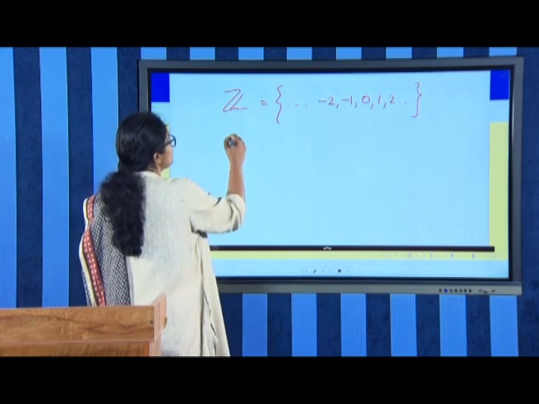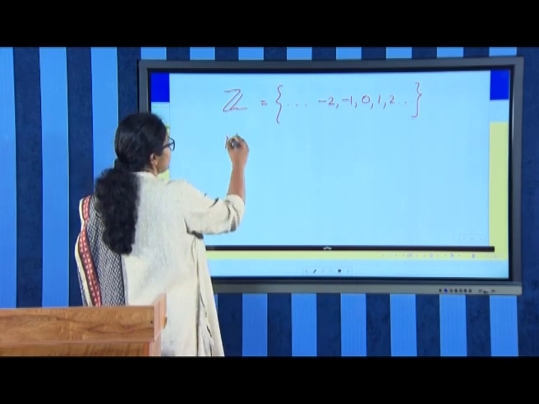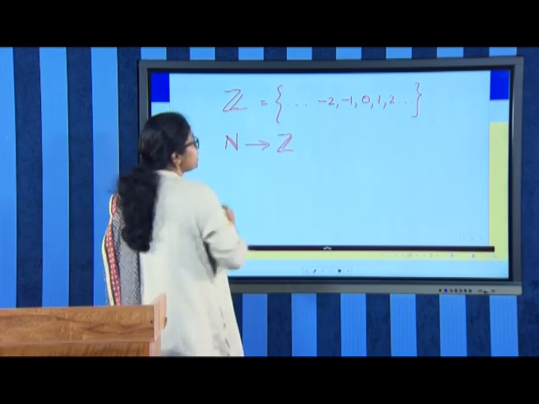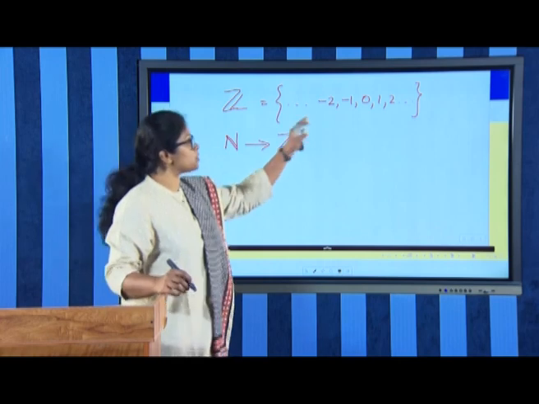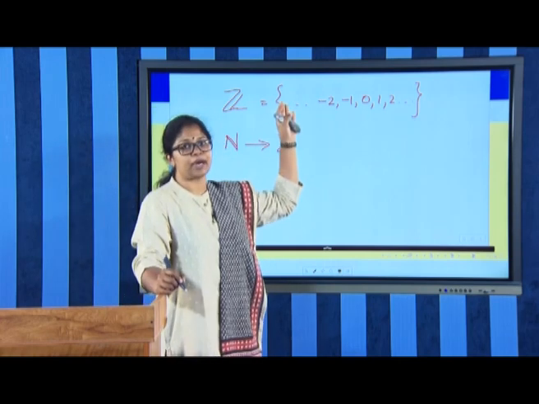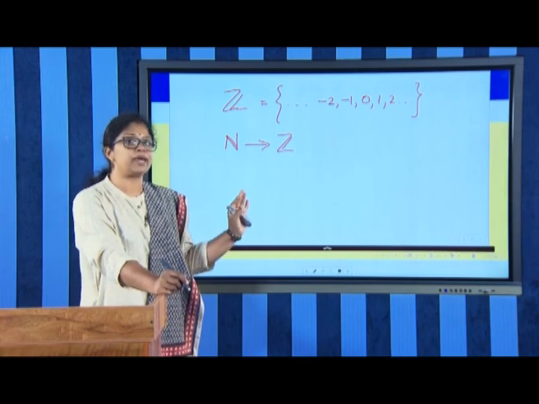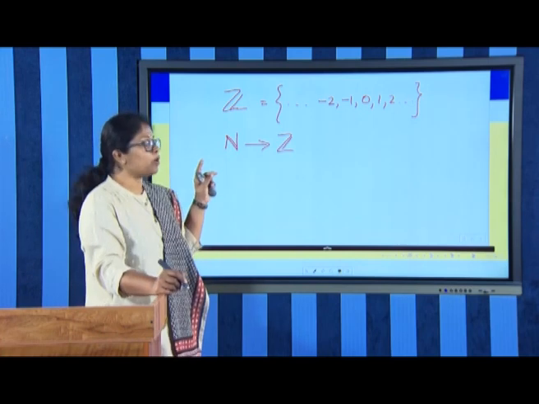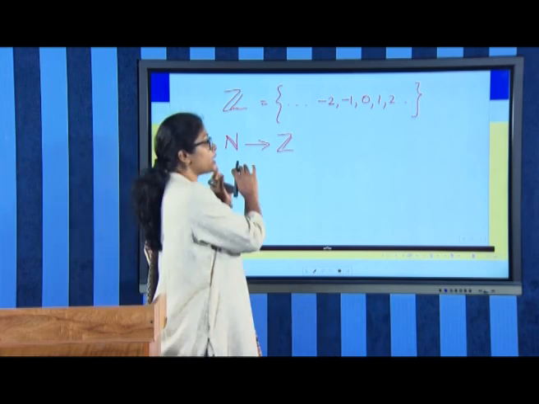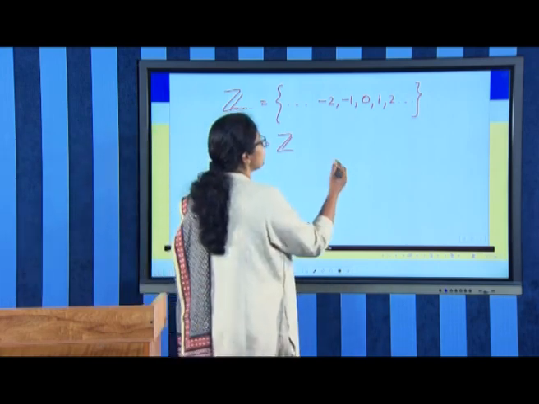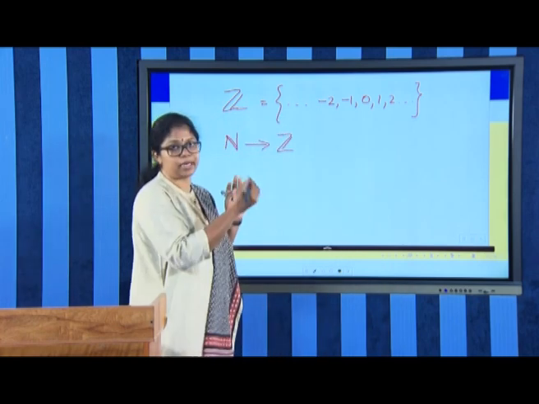In order to establish a bijection from N onto Z, note that Z has a positive part as well as a negative part, whereas the set of all natural numbers has only a positive part, greater than 0. So, what we do is a classification of N into two, namely even and odd natural numbers.